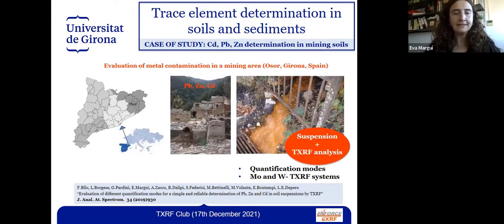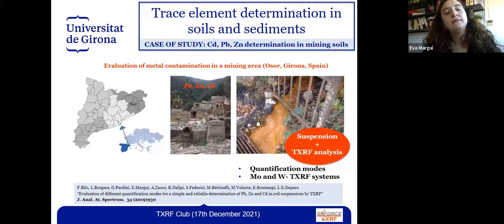And finally, the last example: we apply also suspension and TXRF analysis, in this case to study the metal dispersal of lead, zinc, and cadmium in a mining area located in the northeast of Spain. We performed this study in cooperation with the group of Laura Borghese in Italy.